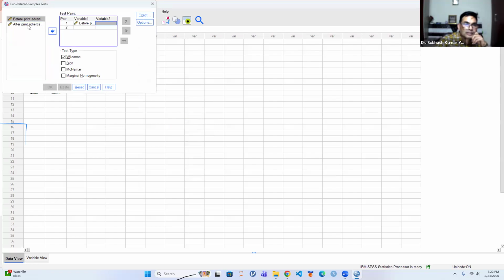Just put one and put another one, and you can go for the options as well, Descriptive statistics, click on Continue, and see here by default the Wilcoxon signed rank test is ticked there. So no need to put a tick. But if you wish to see the results from these tests as well, testing the same thing, the median of the two pairs of observations.